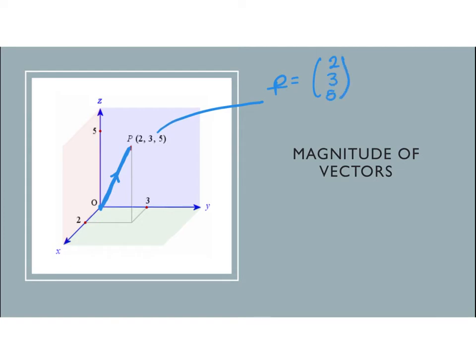Position vectors start at the origin and go up to their point. So I've taken the coordinate and turned it into a vector. To find the magnitude for vector P, we are using Pythagoras in 3 dimensions, and remember we're adding there, so we would carry that on.